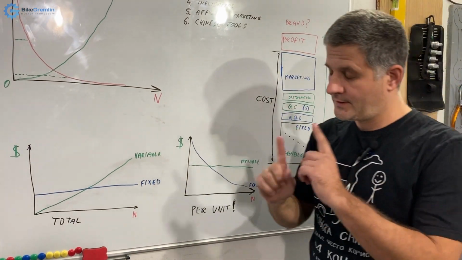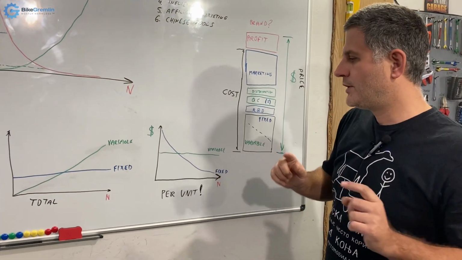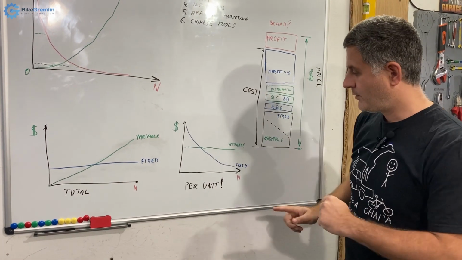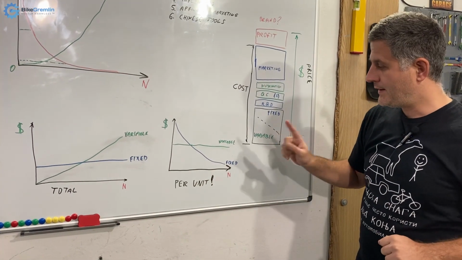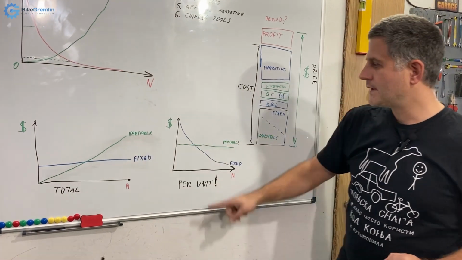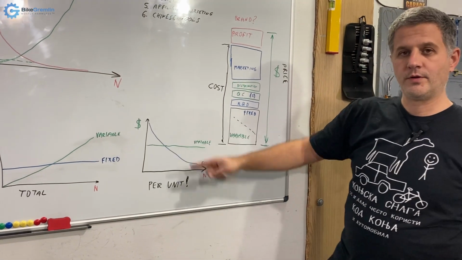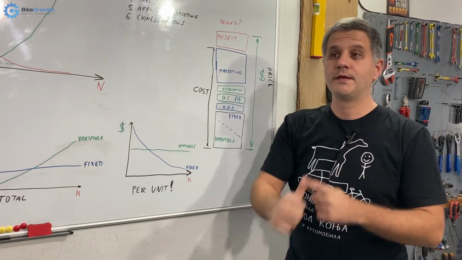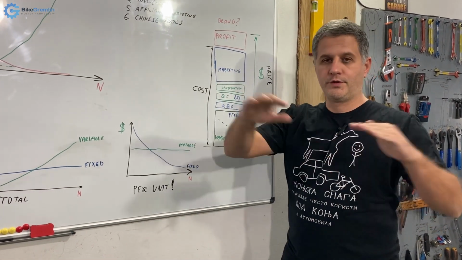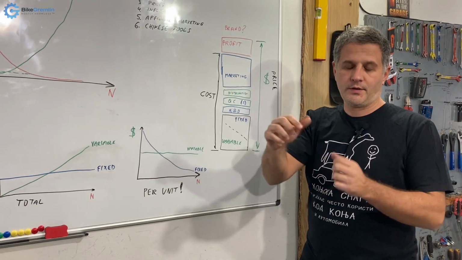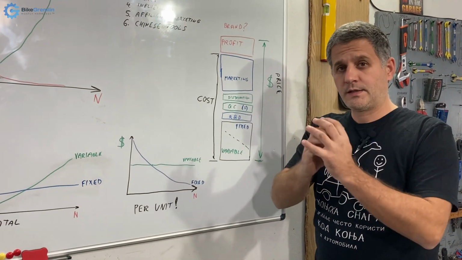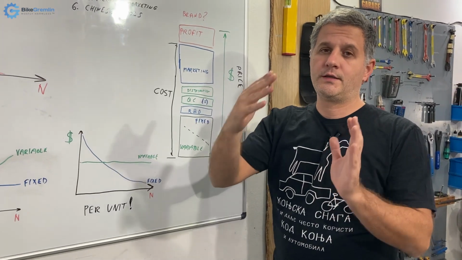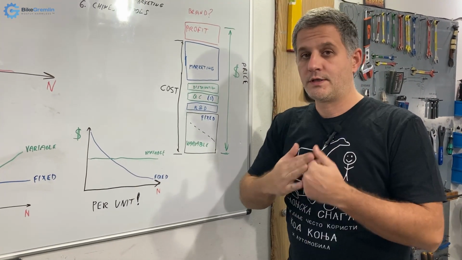Now the fun part is when you try to establish the price of a unit to sell. When you're calculating per unit, then our fixed costs become variable, in fact, because if I make one rear derailleur per month and I'm paying a monthly fee for the workshop, I need to incorporate that monthly fee in the price of that rear derailleur, so that I cannot be running at a loss, so that I make some profit.